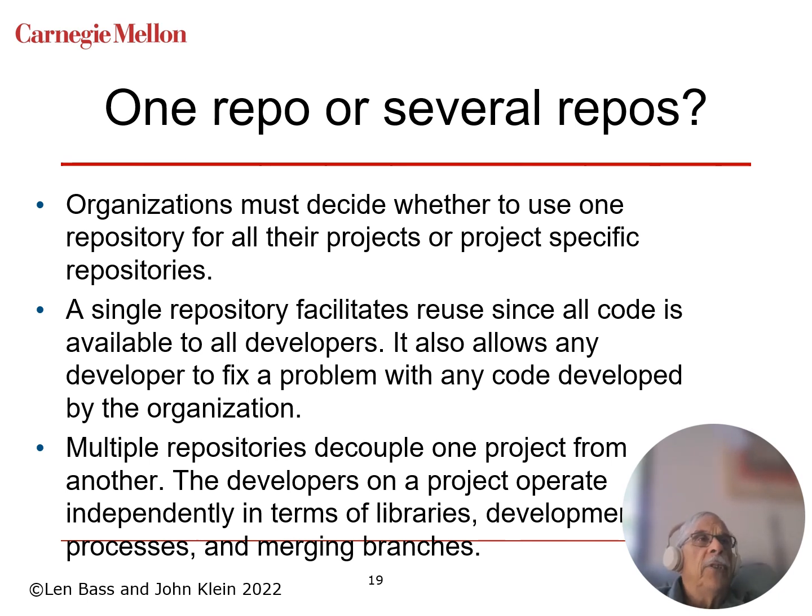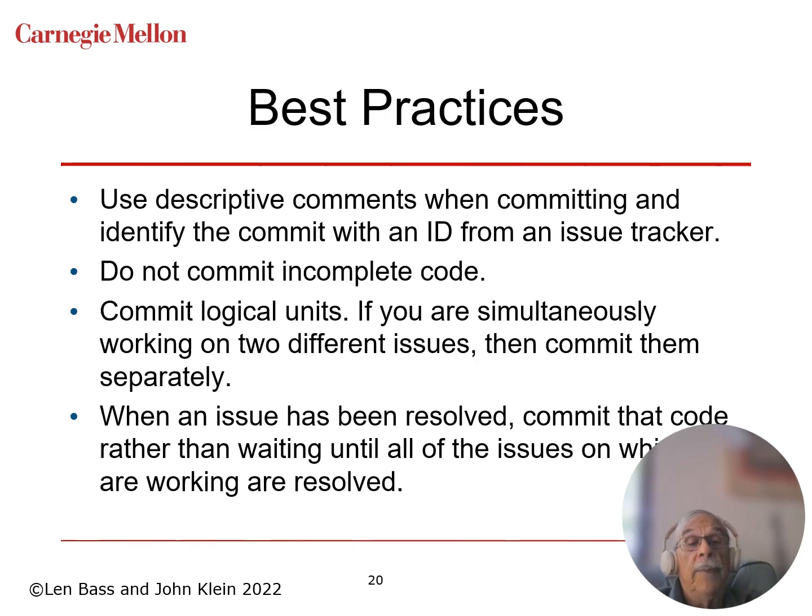We have a repository for that application. It may have multiple teams working on it. It may have multiple sources and multiple services within it, but everything in that repository is specific to that particular project. And then the developers can operate independently in terms of libraries and so on. But they still have to merge it.